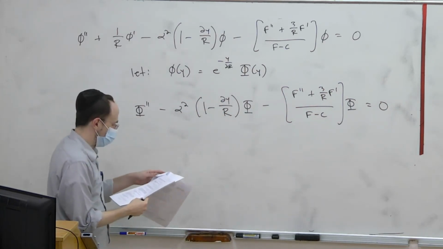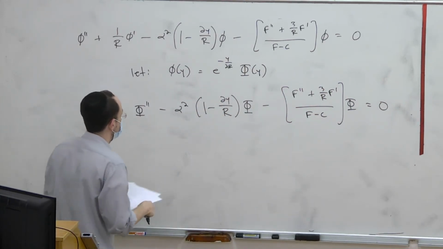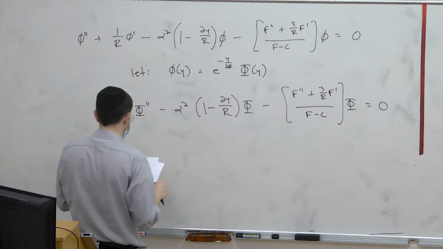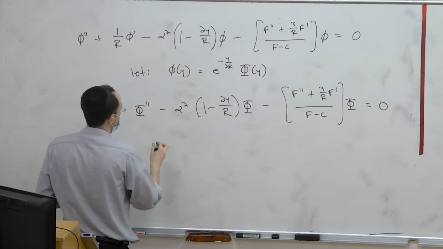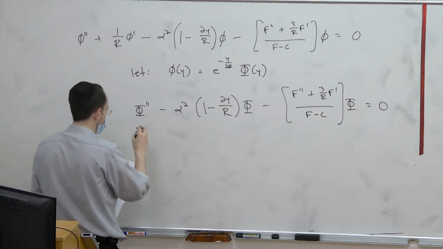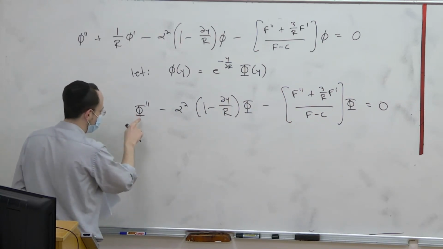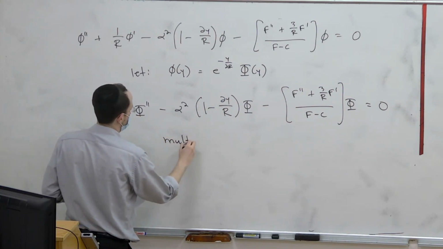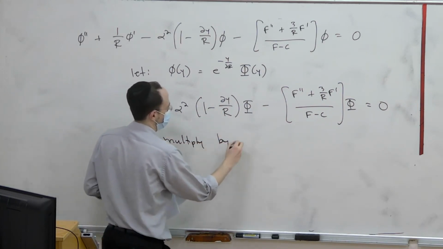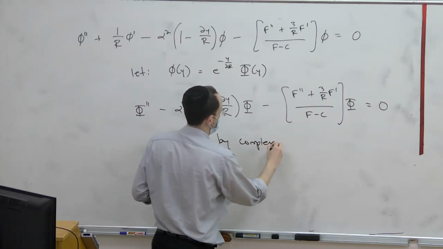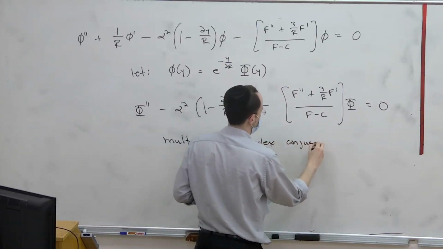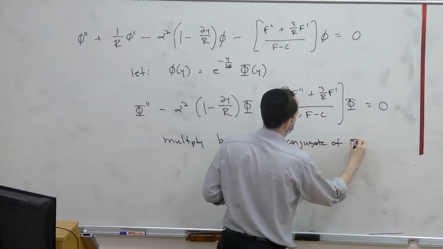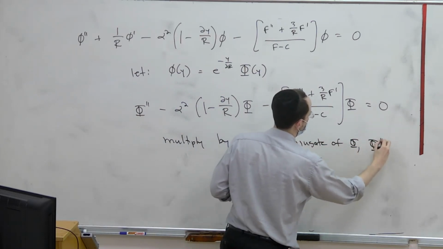And now we're going to do one final trick in order to try to simplify this a bit. And that is, we're going to multiply this by the complex conjugate of phi, which we'll call phi star.